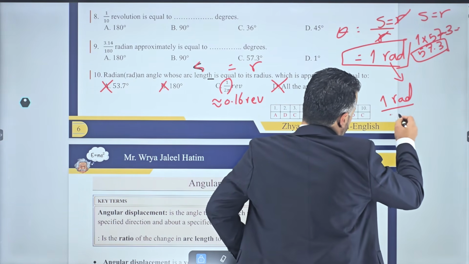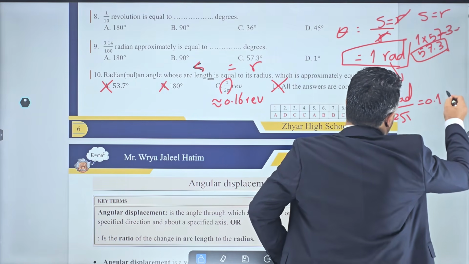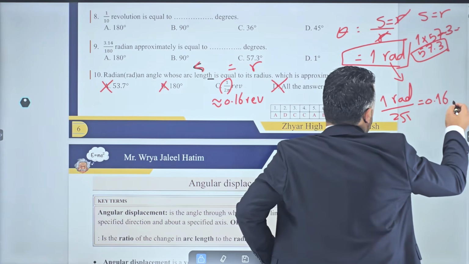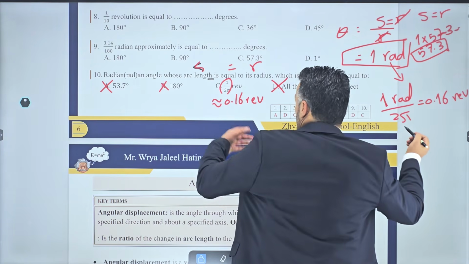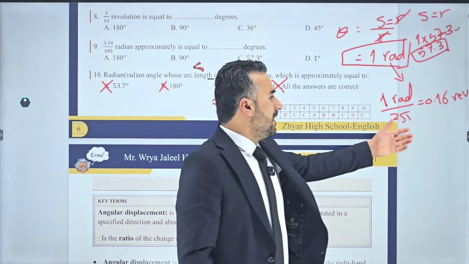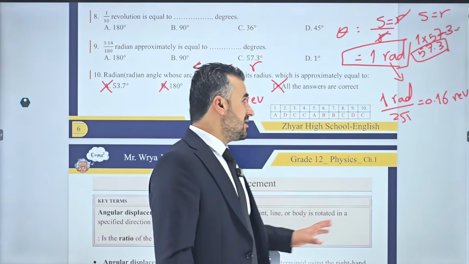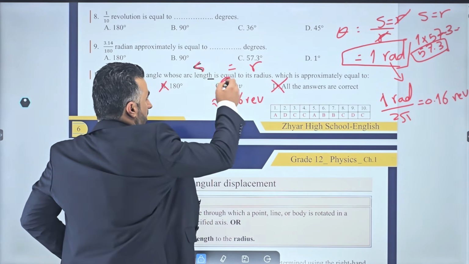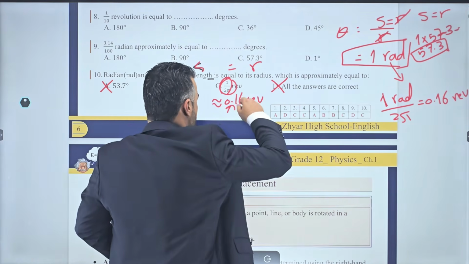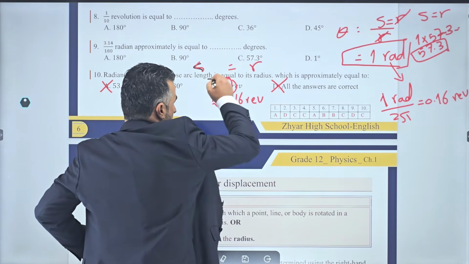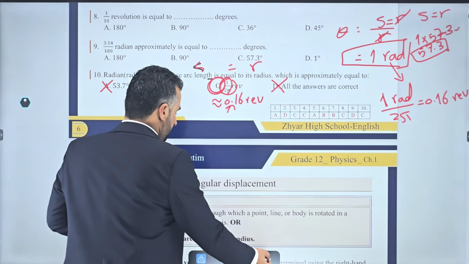Just divide by 2 pi, and then of course you'll get approximately 0.16 rev. You might say, why do I need to do this? Isn't that exactly 1 over 2 pi and what is written here? Yes, maybe it's easy here. You can tell, but what if it was a different situation? Always remember to change this one to a number, and then after that you could do your calculation. So now this is the answer that I get. So of course this tells me that option C is the correct answer.